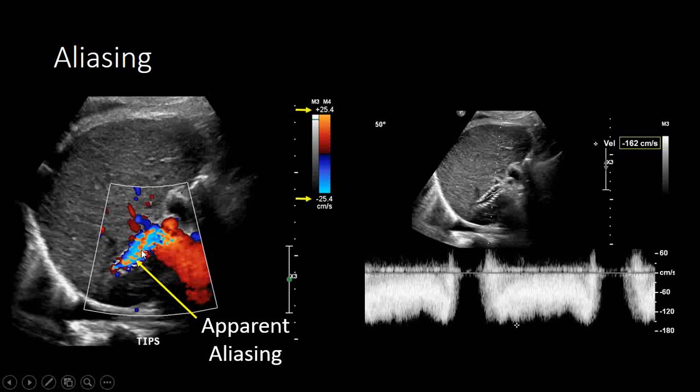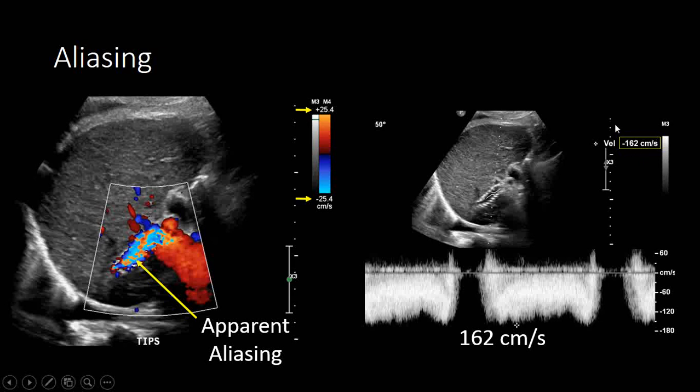Alright, so this is a case where we see apparent aliasing within our TIPS stent. When we look at our color scale, we see that it's plus or minus 25, so that is a range of approximately 50. And when we come over to our spectral wave evaluation of the same TIPS, in the location that we were evaluating it with color, we see the velocities to be 162 centimeters per second.